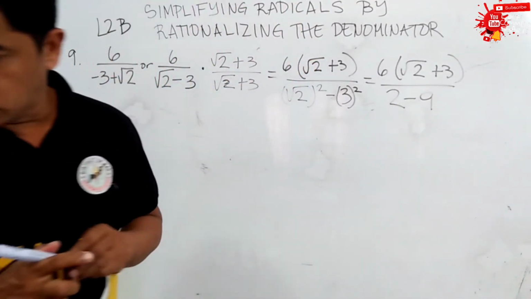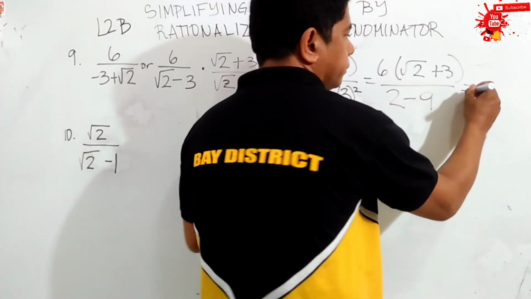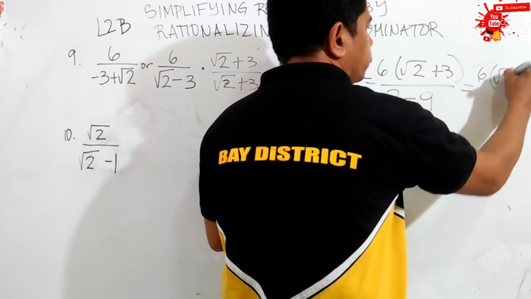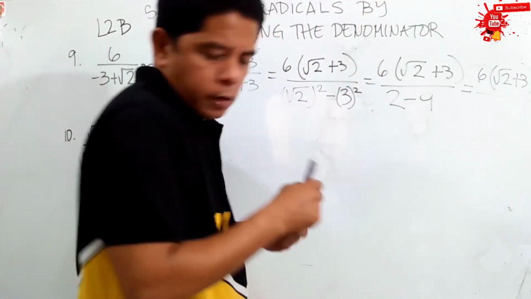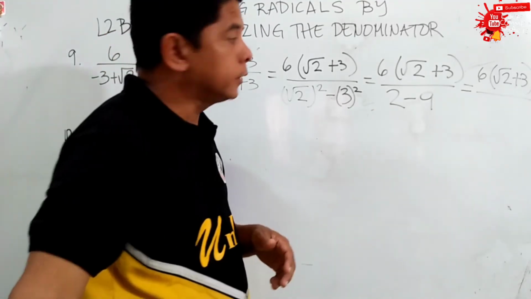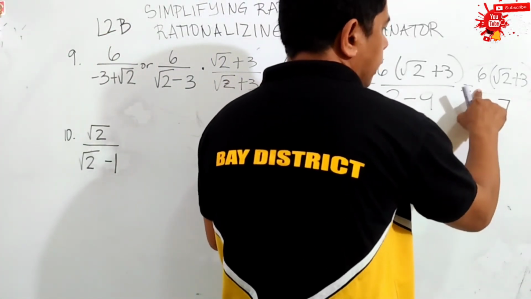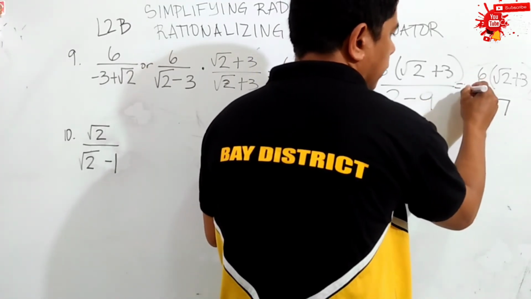Okay. So, ituloy lang po. Then, we have 6 times the square root of 2 plus 3 over 2 minus 9 is negative 7. So, pwede nating ilagay sa gitna. Okay?